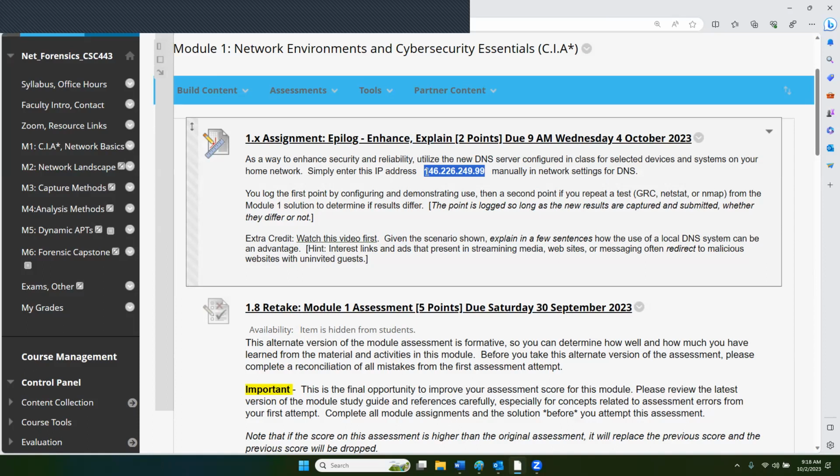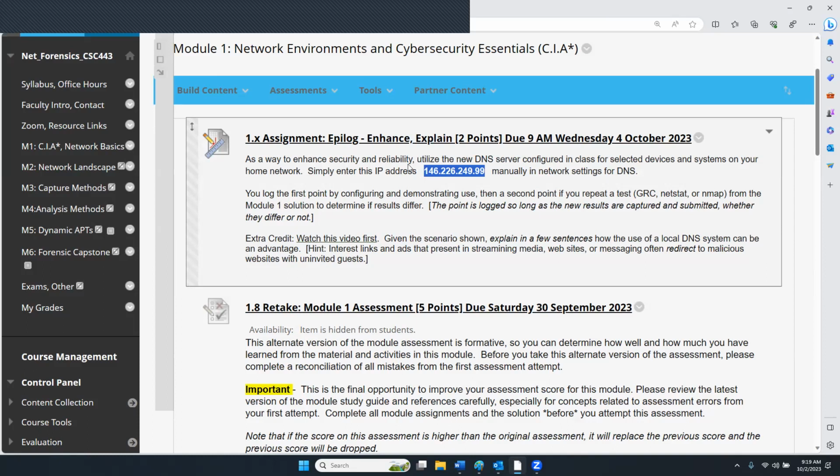So this is something that you can do, toggle it on and off as you wish. But I wanted to give all of you advance notice that the intent in Wednesday's class is to look at the DNS cache as an example of network artifacts.